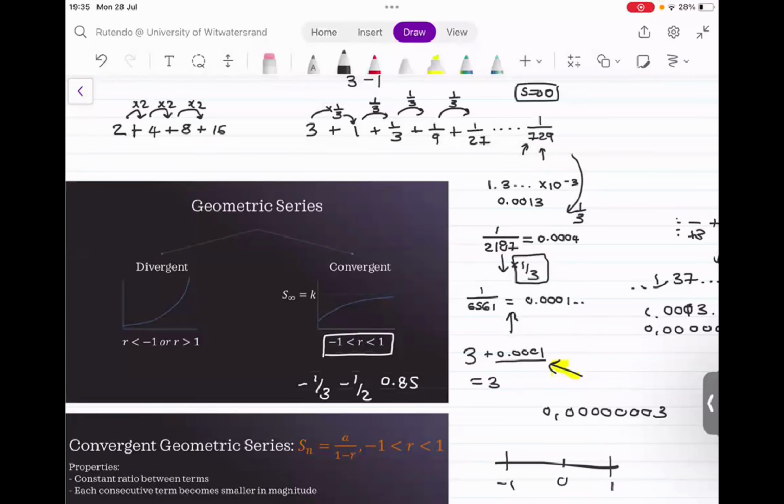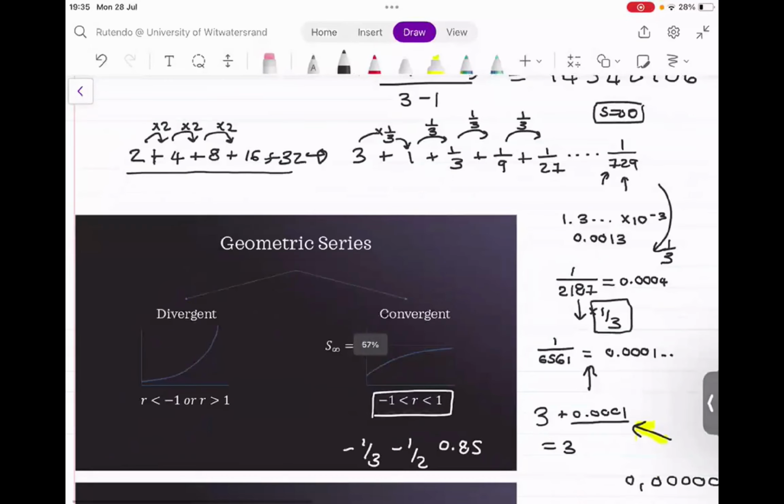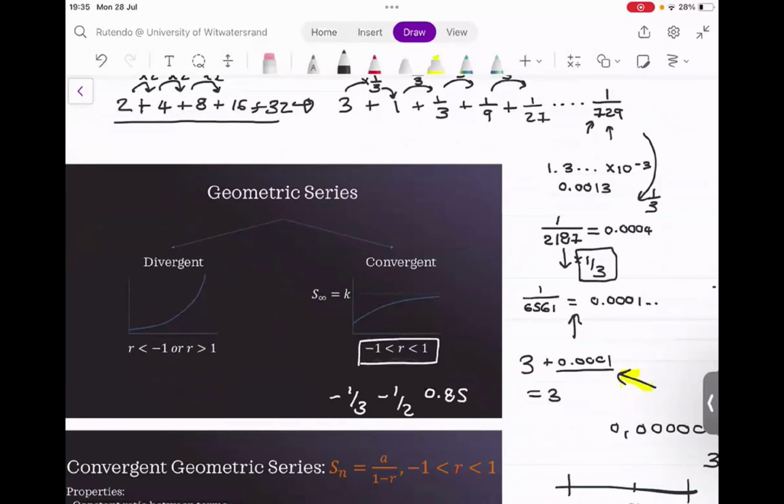If it's a number like 3, then your series is not going to converge. It'll keep getting bigger and bigger and bigger. Like we had here, if I add 32, as I go to infinity, this number is just going to keep getting bigger and bigger. So it'll never get to a finite number. But if your series is convergent, then you will get to a definitive number, right? And so you say that it has converged when it's gotten to that number.